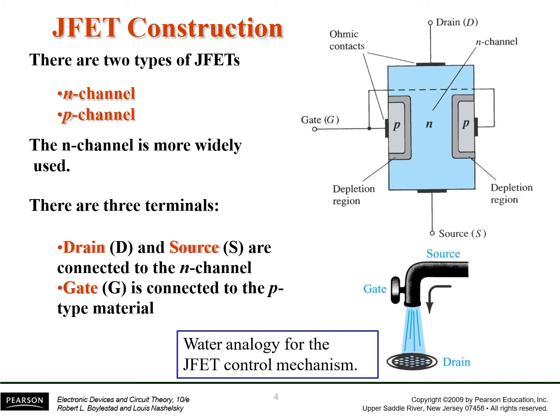As much as we open the gate, the water flows accordingly. If we open the gate more, more water would flow out. Similar is the case in JFETs, that if we increase the voltage VGS, the current ID, or the current from the drain, increases.